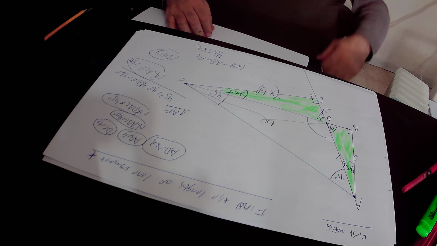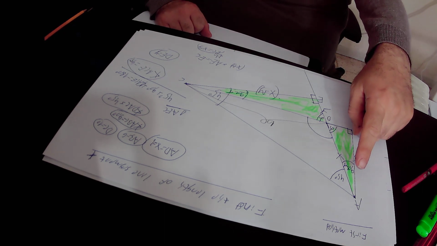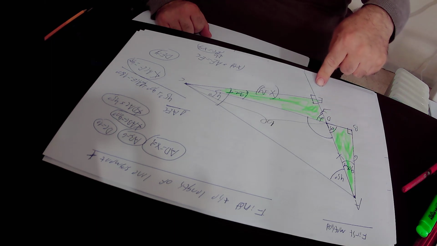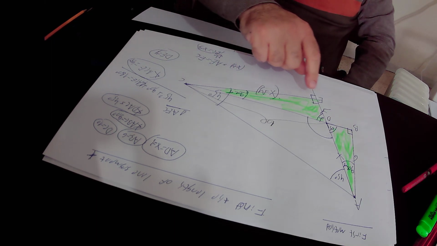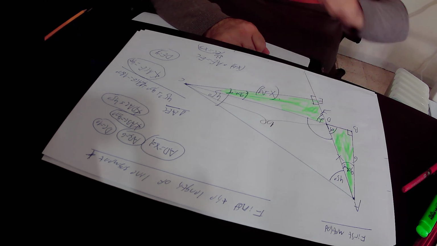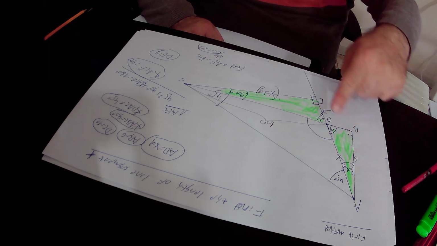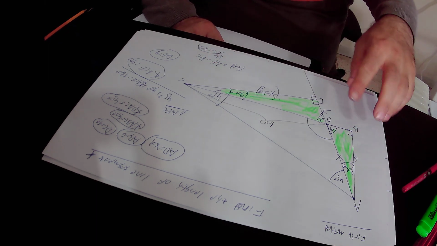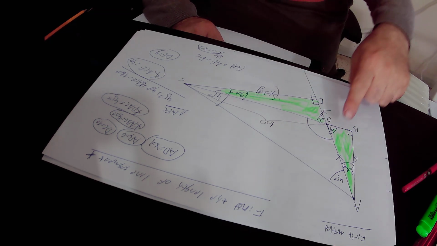So we did a construction, we extended line segment AD by a straight line, and then from point C we drew a perpendicular to the extended AD. So this angle equals 90 degrees, and we created the right triangle, triangle AEC. In this right triangle, the sum of the angles must be equal to 180 degrees.